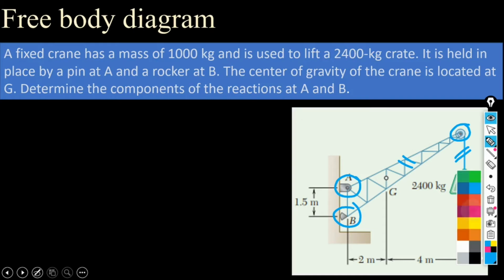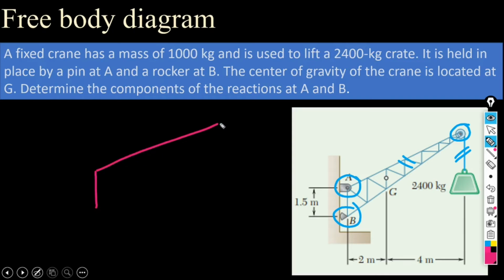If you want to free the crane structure, then you need to replace the corresponding elements with the corresponding reaction forces. Let's see what reaction forces we get for the corresponding elements.